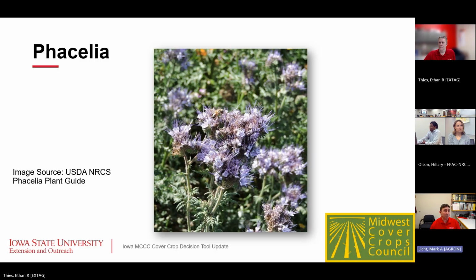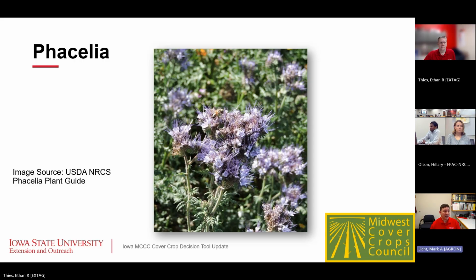But if we put it into a mixture, it can do all right, and we can bring some benefits with it. It does really well in drought conditions and has some really good heat tolerance. And then as you can see, those purple flowers are a host for attracting many beneficial insects. And so that's another area if you're looking at trying to bring in some of those beneficial insects with some of your other species that may not do as well.